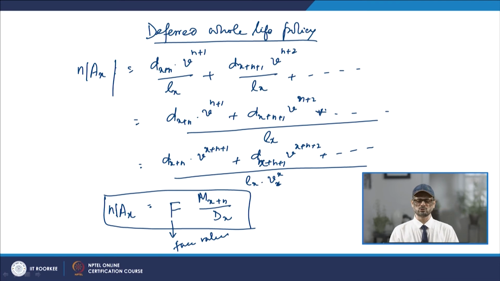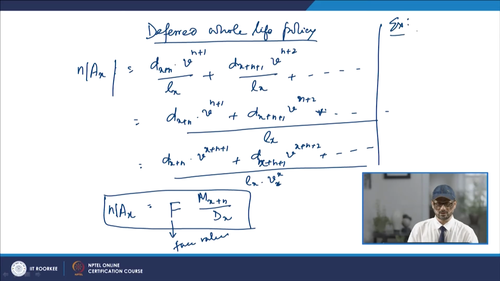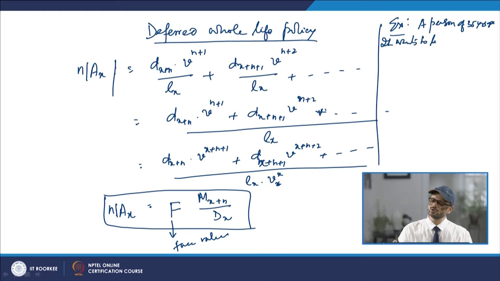Suppose you have to calculate these cases. One example is that a person is 35 years of age, and they want to buy a $30,000 policy.